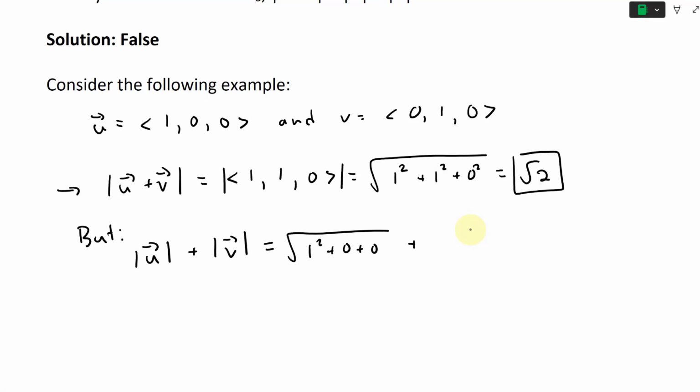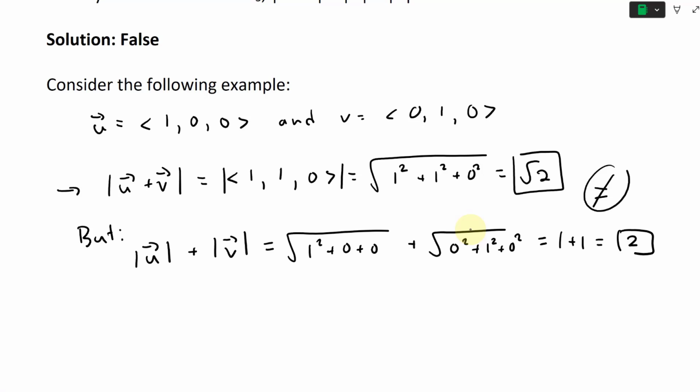Plus the length of v, which is the square root of 0 squared plus 1 squared plus 0 squared. This is all just going to be 1, and the square root of 1 is just 1. So 1 plus 1 is 2. Now we have a problem right here. This is square root 2, and this is 2, so they are not equal. So this is false then.